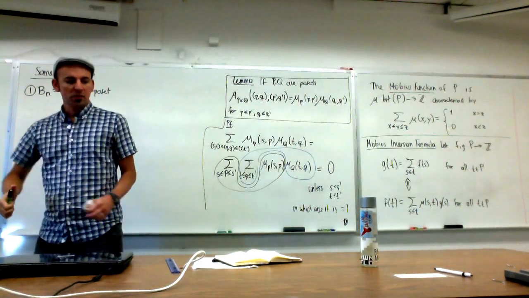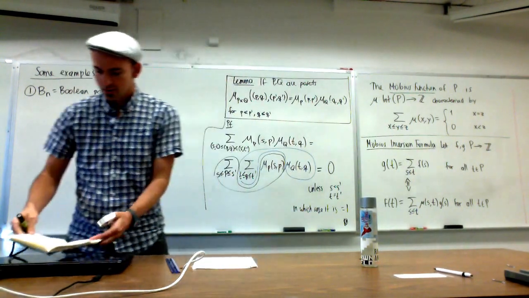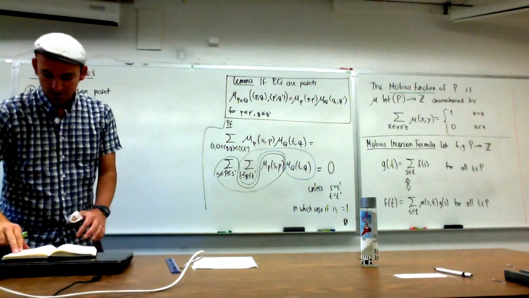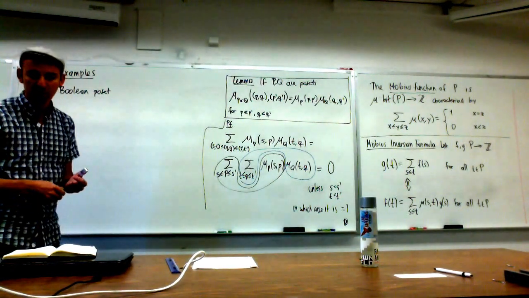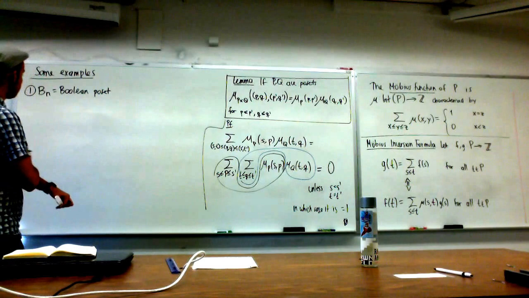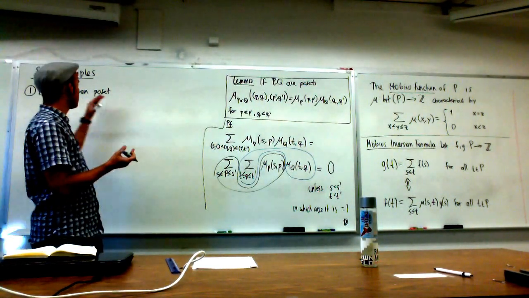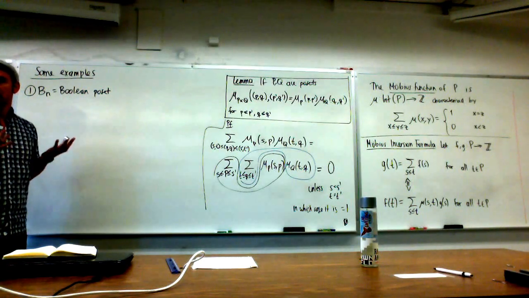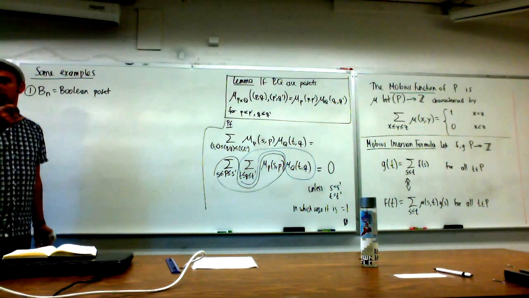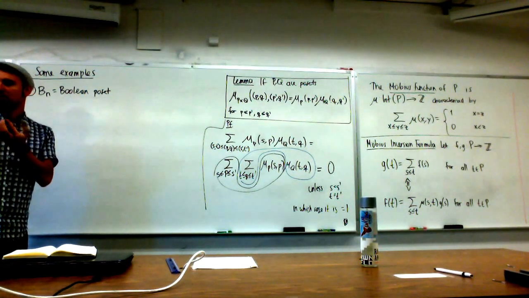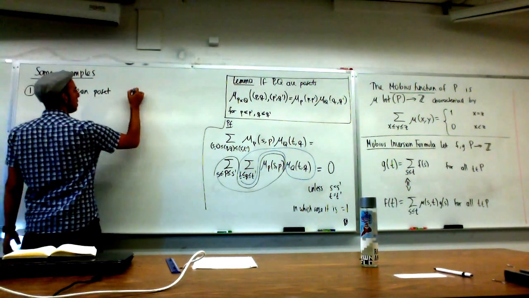So that's a simple computation. It's kind of messy, but I really didn't do very much there. And the reason that I wanted to do this is that now I just want to remind myself that the Boolean poset is just a product of the poset of two elements a bunch of times.